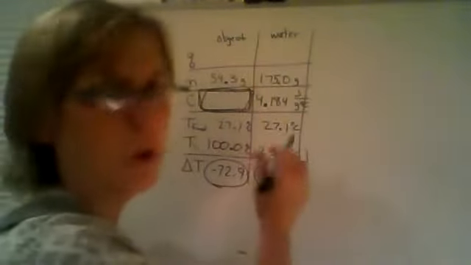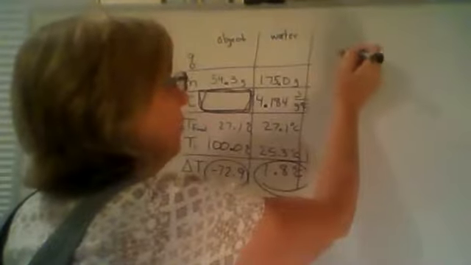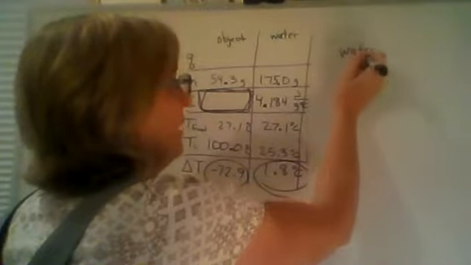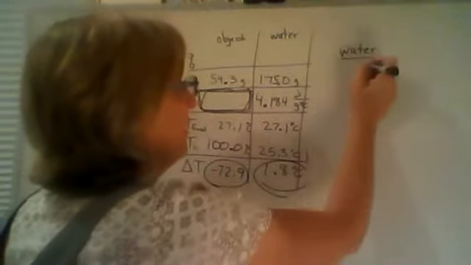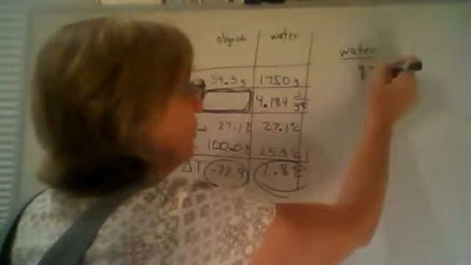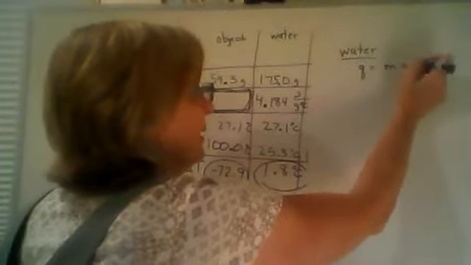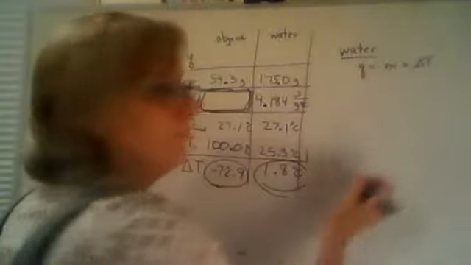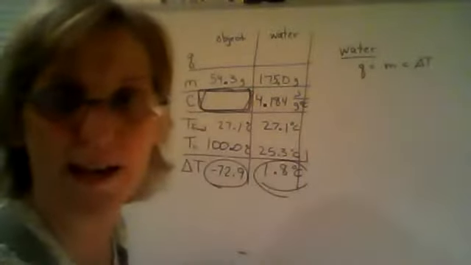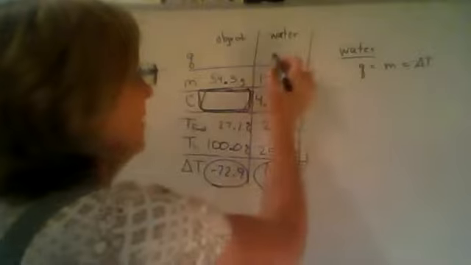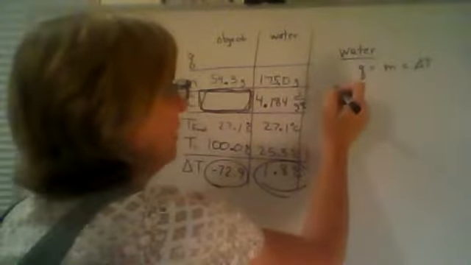So I'm going to work with water. So I write water. And I put a line there, and Q equals MC delta T. Kind of looks like cat, but it's not. I don't know Q. That's what I'm calculating.